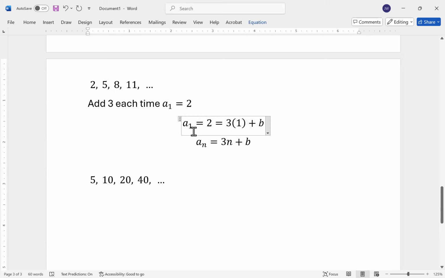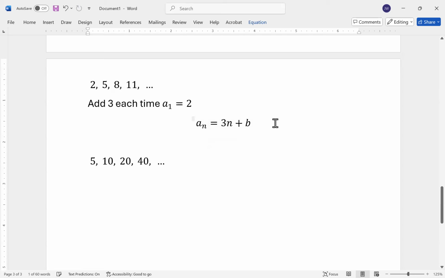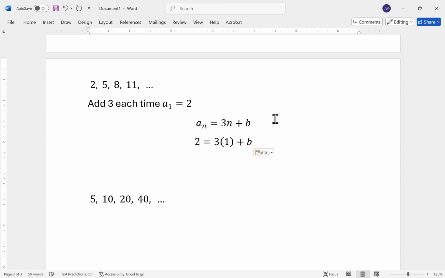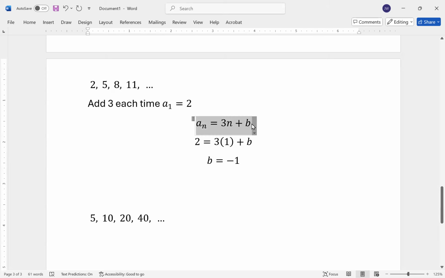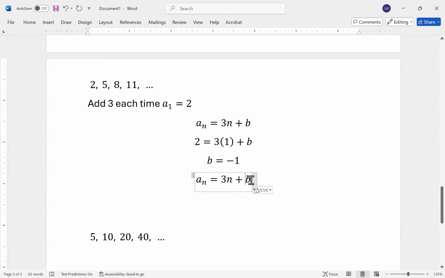Again, when I say this equation, I have 2 equal signs here. Since a sub 1 is 2, that has to be the same as what you get when you plug in n of 1 in there. Usually I'd probably do this underneath. And then we get a b of negative 1. And so that means my function expression that gives me my sequence is 3n minus 1.